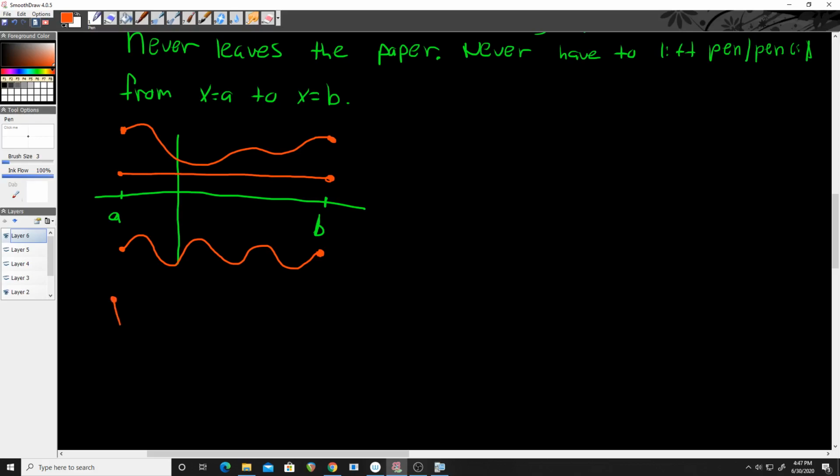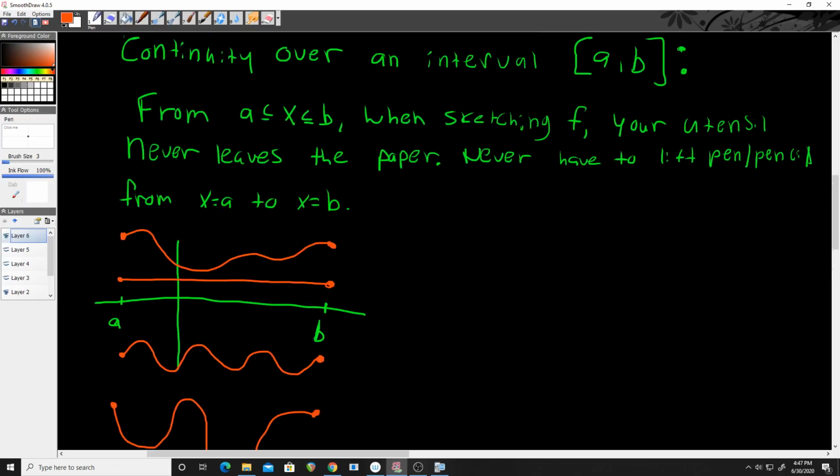There's some curves that look like this. All of these are completely continuous. Continuous curves.